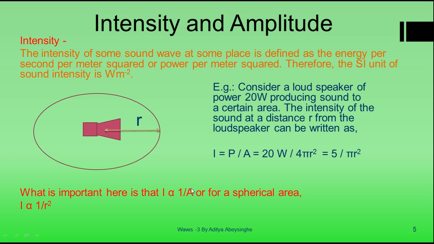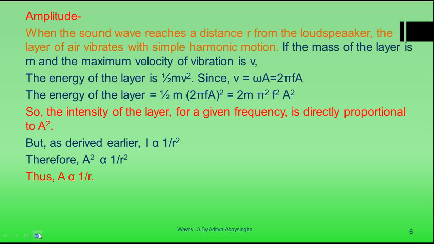So since A is proportional to r squared, it can also be shown that I is proportional to 1 upon r squared, or I is inversely proportional to the square of the radius between these two objects, and that is the basis for the theory that I is inversely proportional to A. So that's it about the intensity of a sound wave that reaches a distance r from the loudspeaker. The wave is in simple harmonic motion, and we can build up another relationship for the case of the amplitude.